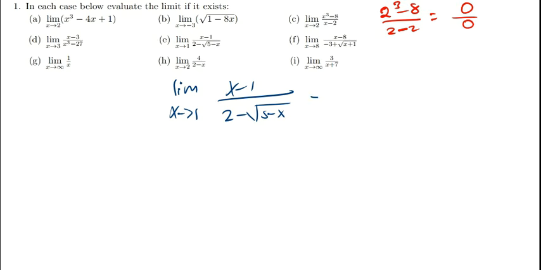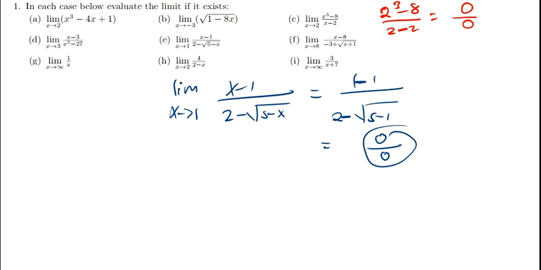Let's try to plug in the value directly. It's going to be 1 minus 1, which is 0, over 2 minus the square root of 4. The square root of 4 is 2, 2 minus 2 is 0, so it's undefined.